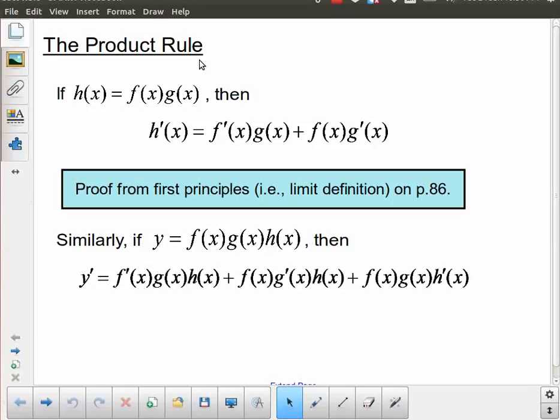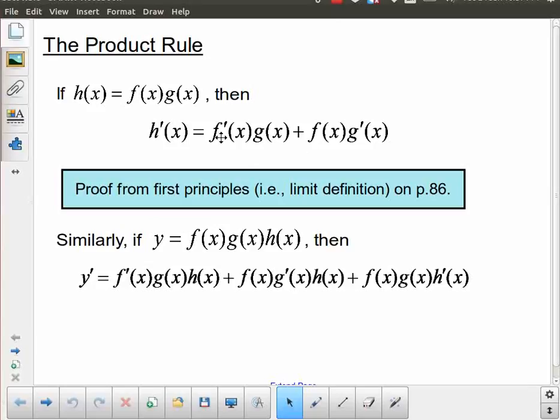The product rule is defined as follows: we have a product of two or more functions. We're going to start off with two functions. If h of x is defined as the product of f of x and g of x, in other words, f of x multiplied by g of x, then the product rule says that the derivative of h of x, h prime of x, is, and the way I learned it myself and the way I phrase it in my head whenever I think about this, the derivative of the first times the second plus the first times the derivative of the second.